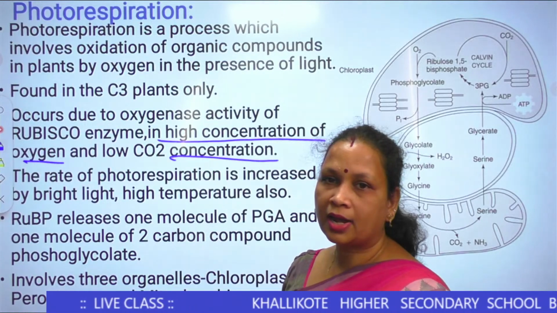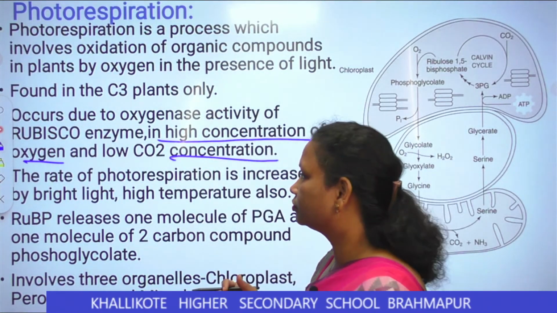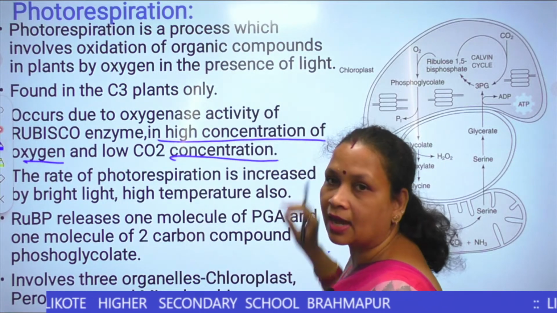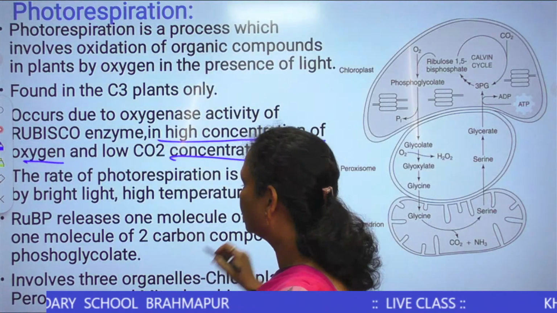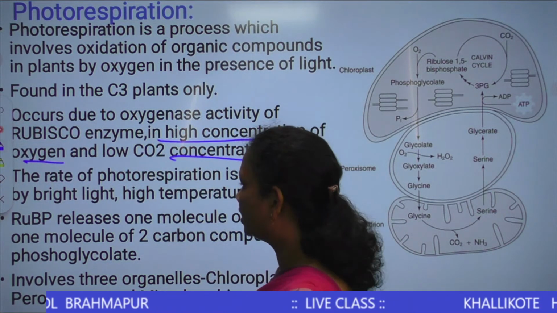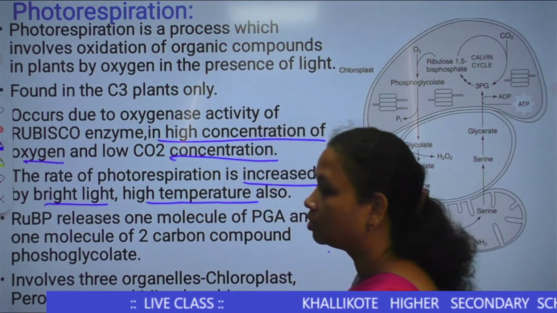More carbon dioxide is required for Rubisco to function as a carboxylase enzyme. The rate of photorespiration is increased when there is bright light and high temperature also.